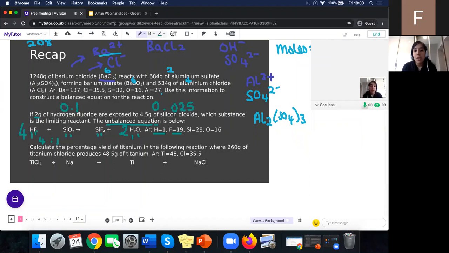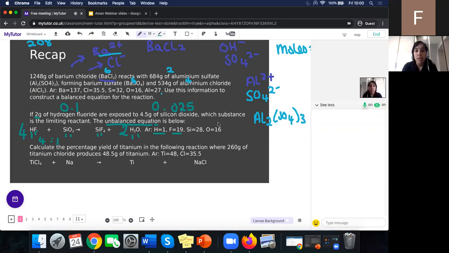And then we can calculate the mass of silicon dioxide. So the mass of silicon dioxide will be 0.025 times the MR. So the MR will be 28 plus 32, so SiO2, 28 plus 32. So we times by 28 plus 32, which is then equal to 1.5.